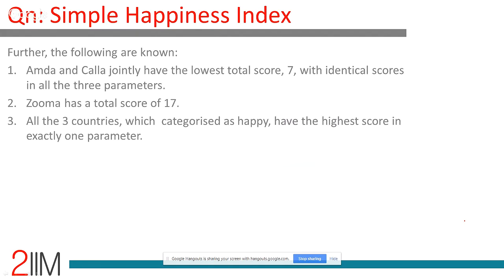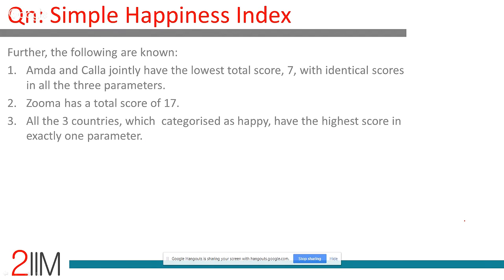Amda and Kala, A and C, jointly have the lowest total score, 7, with identical scores in all the 3 parameters. Zuma has a total score of 17. All the 3 countries which categorize as happy have the highest score in exactly 1 parameter. Fabulous. I love this question.